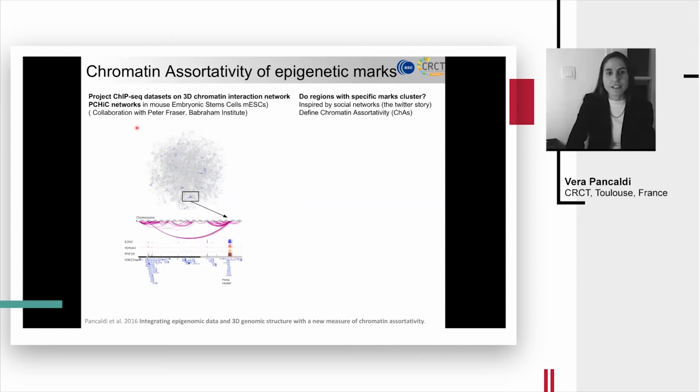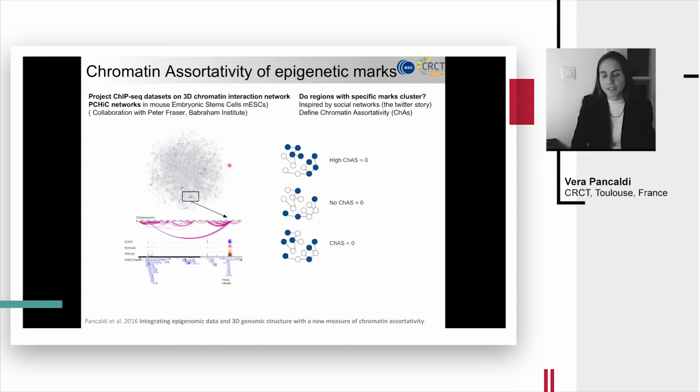Basically, the idea is that if you represent the chromatin structure as a network, and the contacts, rather than looking like arcs in a linear genome, become basically edges in this three-dimensional network, you can also project lots of different information, like, for example, all the ChIP-seq peaks on top of this network. And this represents a color image of the network.